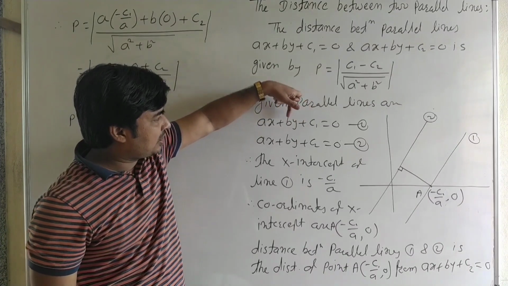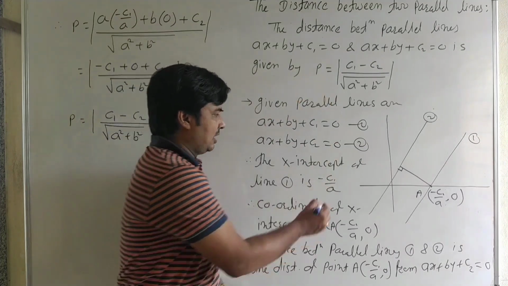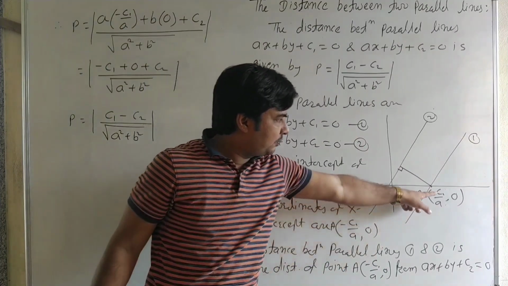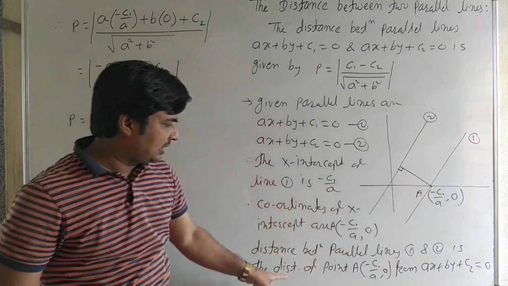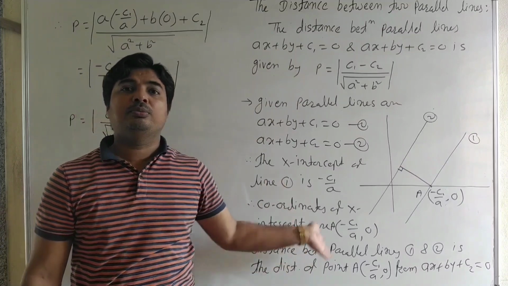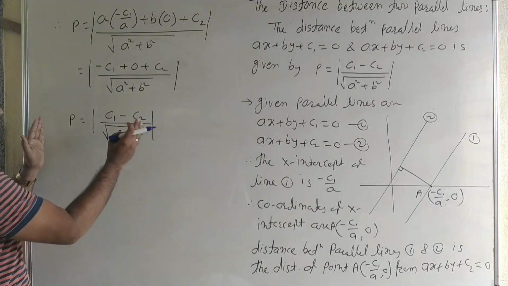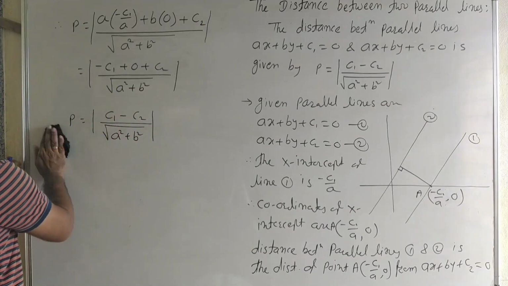Here, for ax plus by plus c1, the x intercept is minus c1 upon a, with coordinates (minus c1 upon a, 0). This is the distance of a point from a line, and it is the distance between two parallel lines. Now we see examples on it.